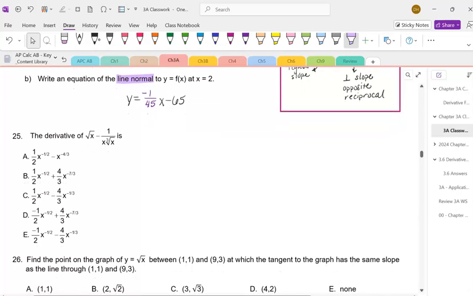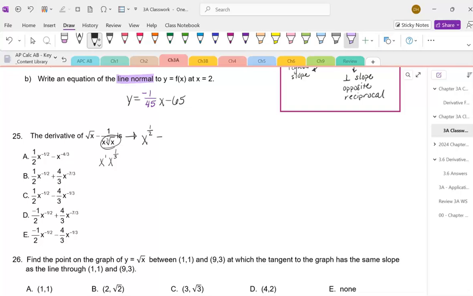For number 25, the derivative of the square root of x minus 1 over x times the cube root of x. So first of all, everything needs to be changed into an exponent. So we've got x to the power of 1/2 minus, and then check this out. Right here, x is to the power of 1 for the first one, and then it's x to the power of 1/3.